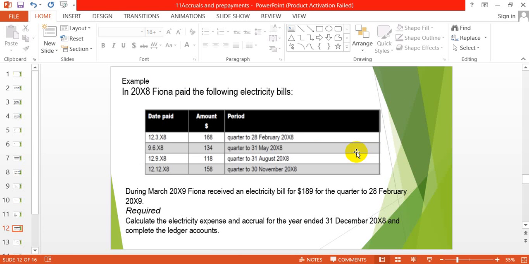So during March, Fiona received an electricity bill of 186 for the quarter to 28th February 20x9. We're required to calculate the electricity expense and accruals for the year ended 31st December 20x8 and to complete the ledger accounts.